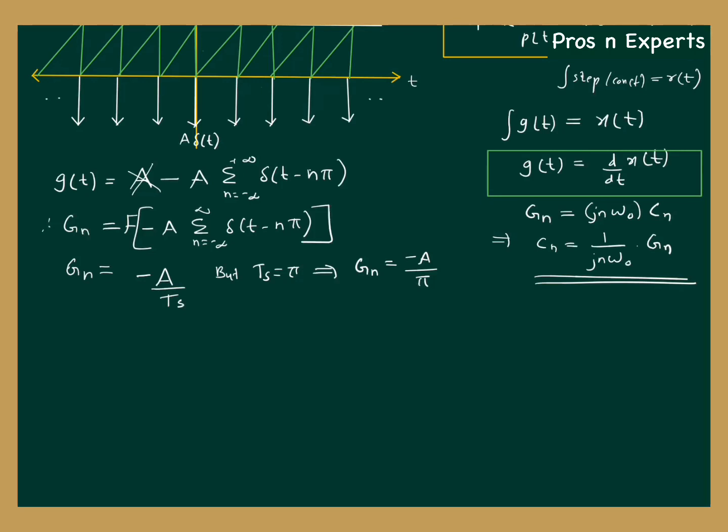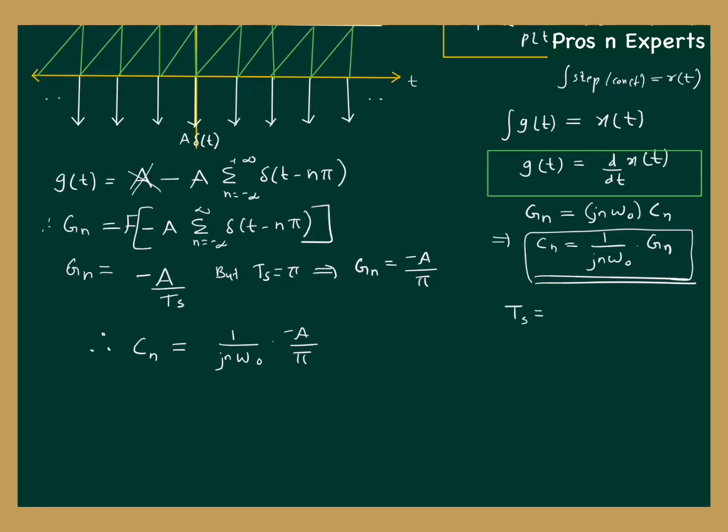Now what I'm doing is, so we got Gn equal to minus A by pi. So what is this relation telling you? Therefore, the final answer: Cn is equal to 1 by jn omega 0 into Gn, but Gn is minus A by pi. Okay, what is omega 0?